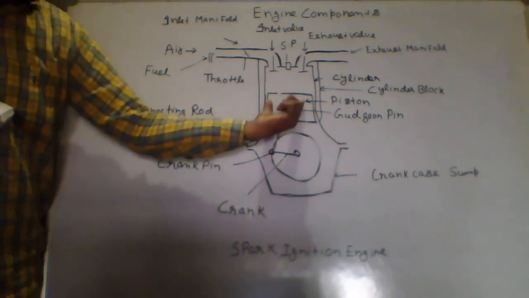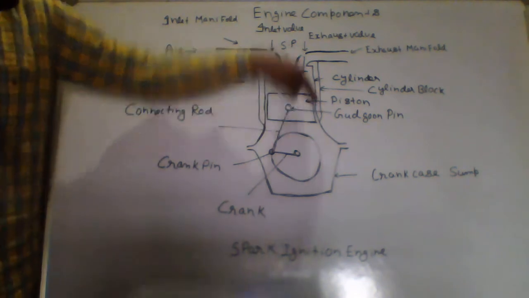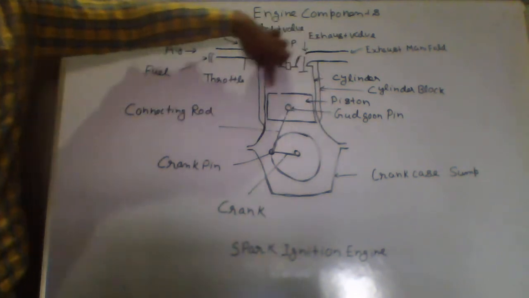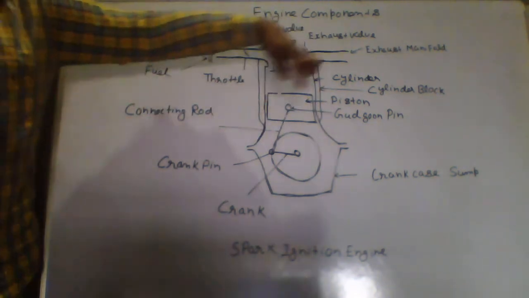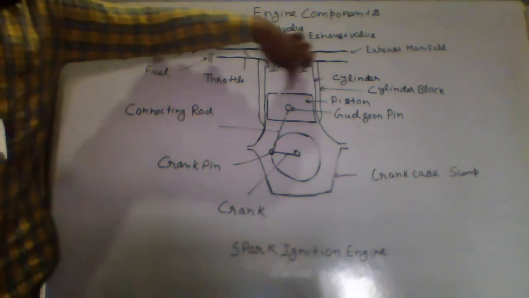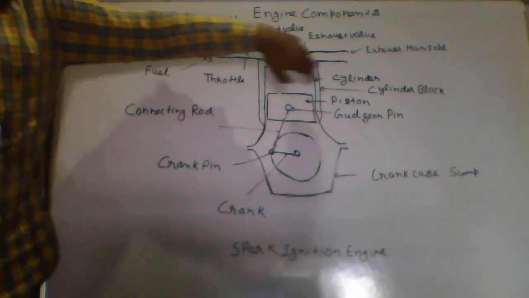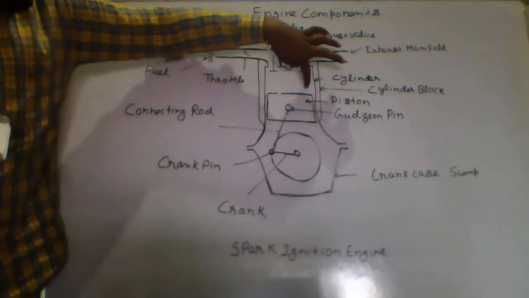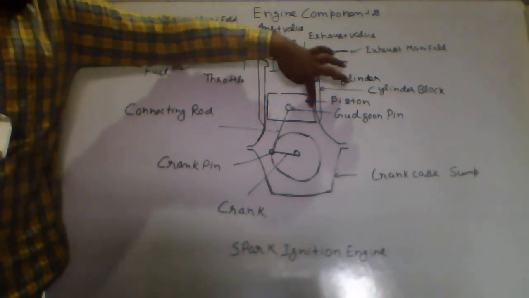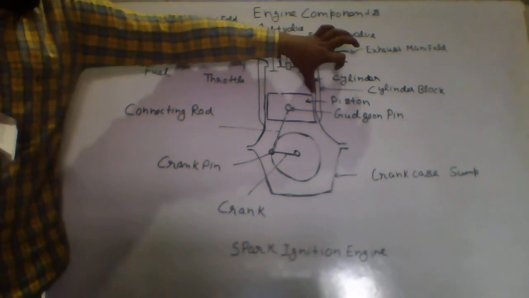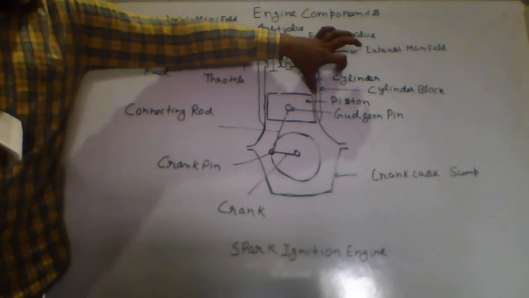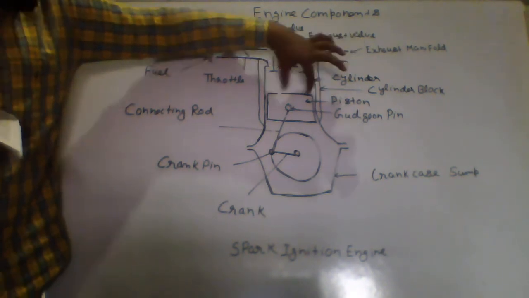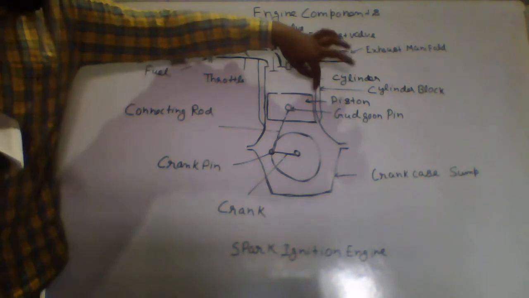This piston also contains piston rings. Around this piston we have piston rings, and between this surface and the piston there is a small space. This space is covered with the piston rings and lubricating oil, because the piston will move up and down, so there will be friction.